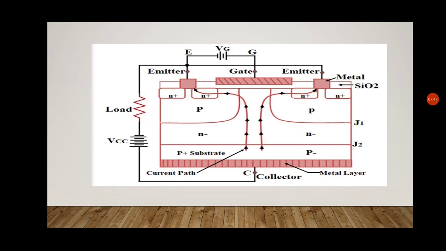The flow of current is represented as the current path in the diagram. When the applied voltage VG increases, the amount of current flow from the collector to the emitter also increases.